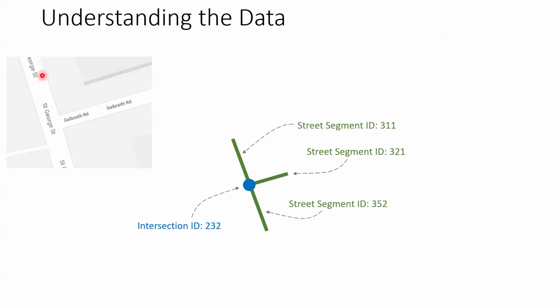Say we're looking at the intersection at St. George and Galbraith. It's connected to 3 street segments like this. First, we do the getNumIntersectionStreetSegment for intersection 232. This returns 3 for 3 street segments.